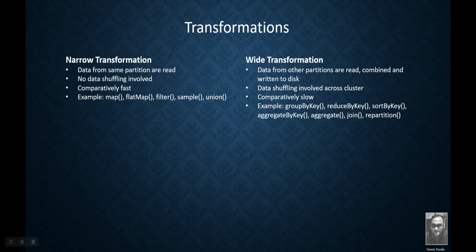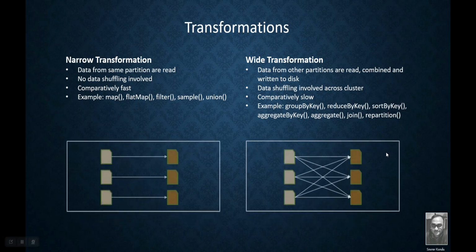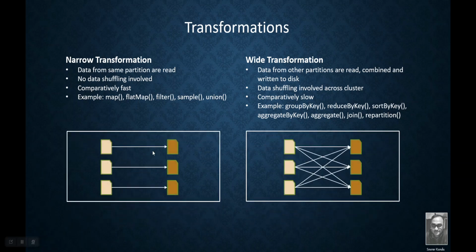And when you call group by key, reduce by key, sort by key, aggregate, join, repartition, there will be shuffling involved. These are a few examples; there are others as well. You can see here there is no shuffling, and what happens is on the same partition.